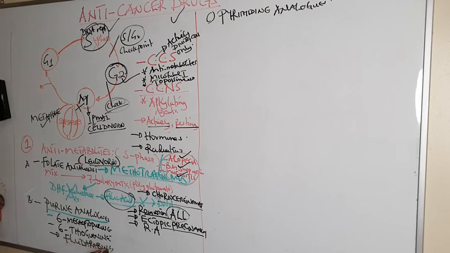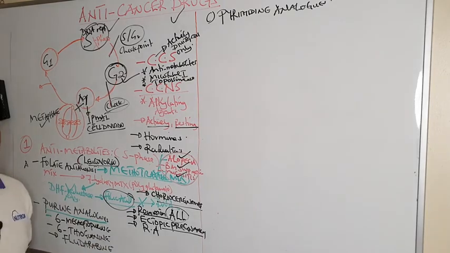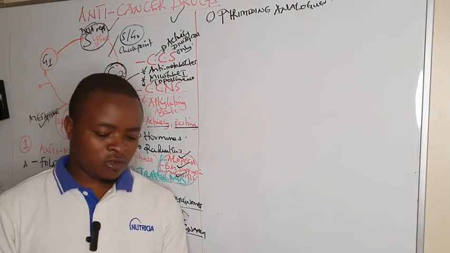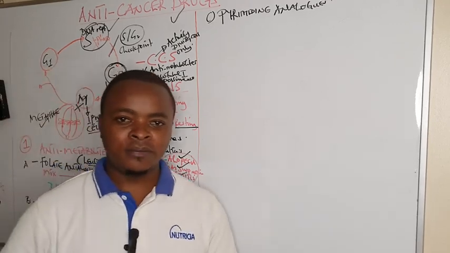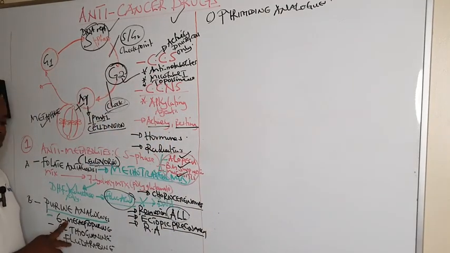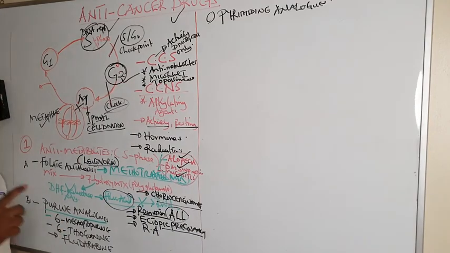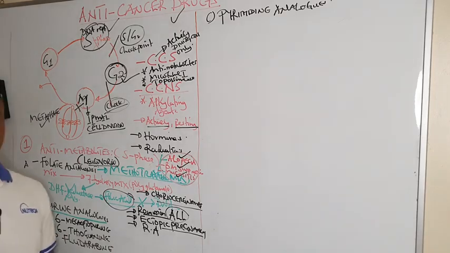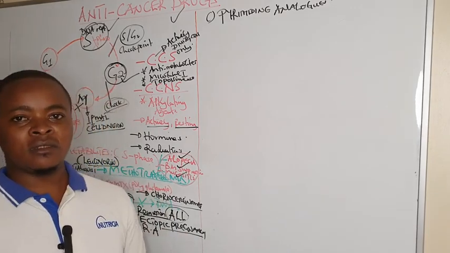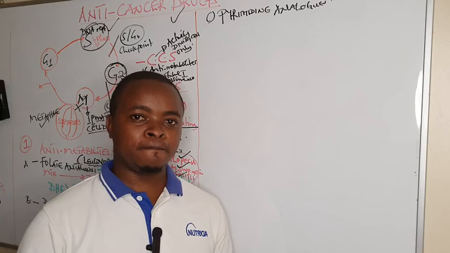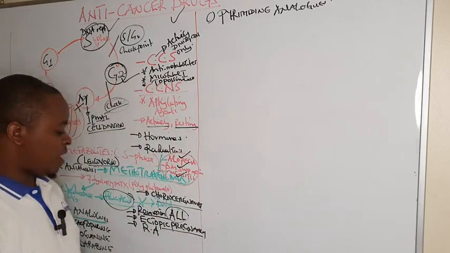These are the three major drugs seen under purine analogs. Purines include guanine and adenine, where 6-mercaptopurine inhibits synthesis of adenine, whereas 6-thioguanine inhibits synthesis of guanine, which are the two purines we have.